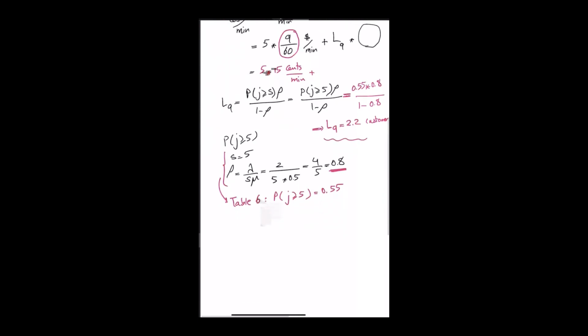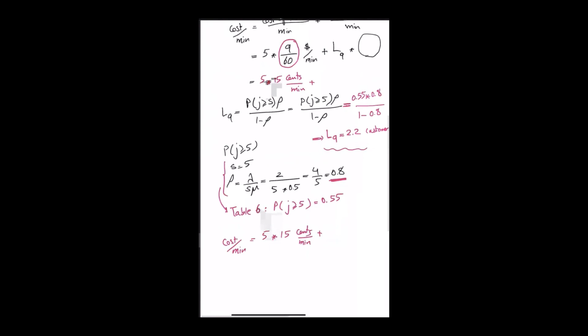So then the total cost per minute is going to be the cost of the servers per minute, which is 5 multiplied by 15 cents per minute, plus the number of people that are waiting in the queue, LQ, which is 2.2, multiplied by the cost of waiting in the queue per minute.